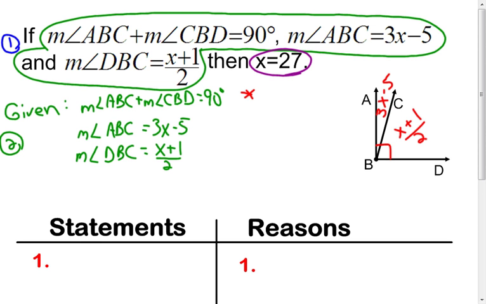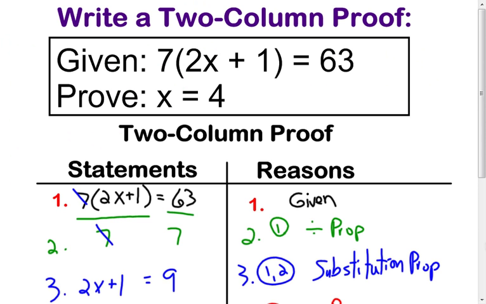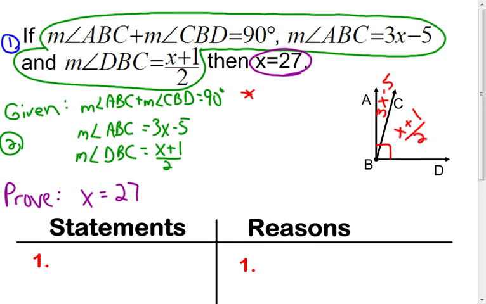So what I'm trying to actually prove in here is that x equals 27. Now when you look at this, I have the given information, I have what I'm trying to prove. If I slide back just one slide, notice we had the given information and what we're trying to prove. Now it's identical to what we had in the last one.